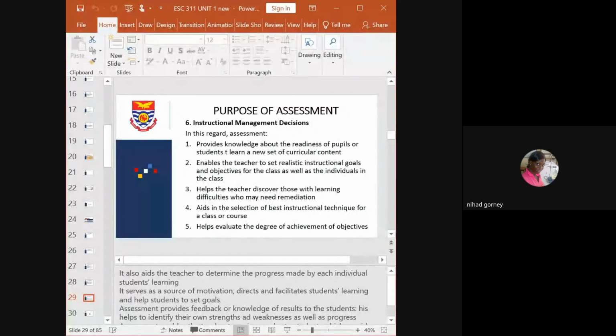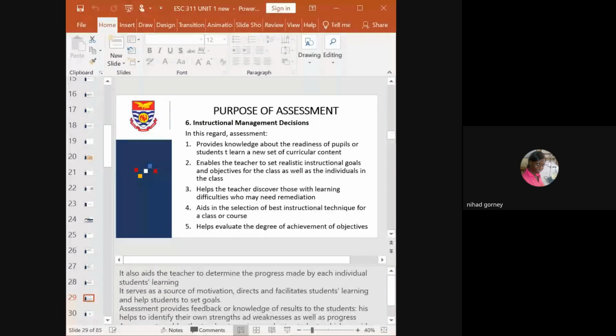It also enables you, the teacher, to set realistic instructional goals that learners will actually follow in class. It will help the teacher to discover those students that need intervention or remediation, because their assessment scores will show they are probably struggling in some content areas.